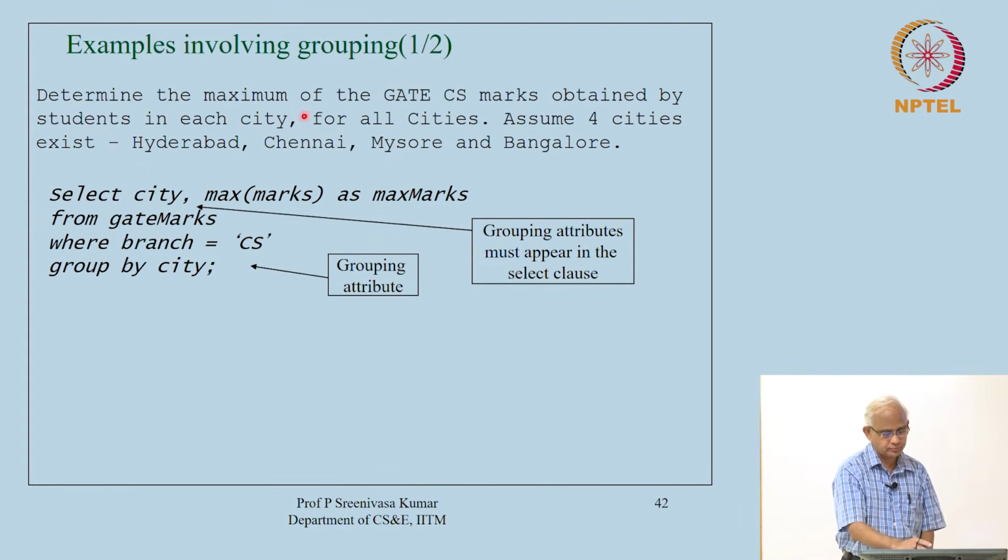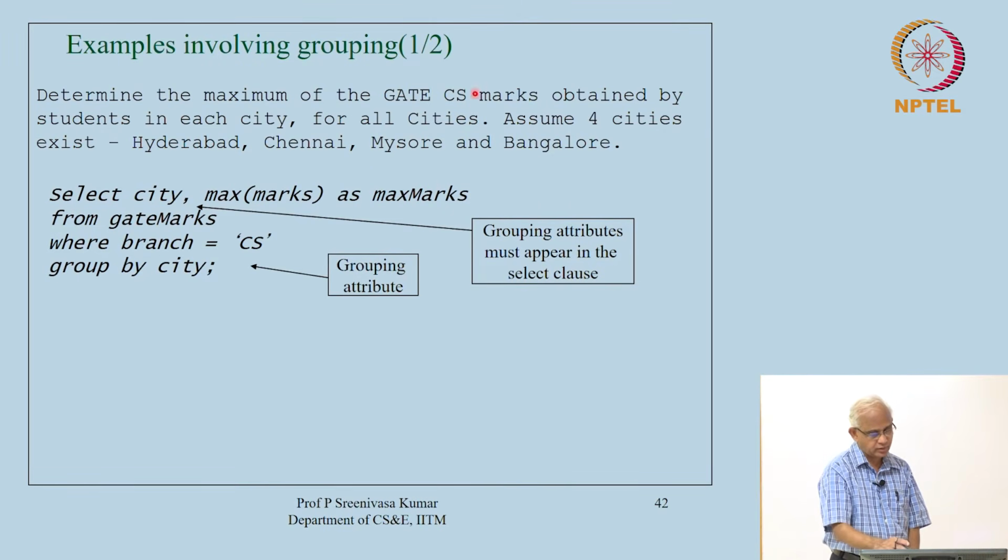Determine the maximum of the GATE computer science marks obtained by students in each city and for all cities. Assume that 4 cities exist. Since we do not know the data, I am giving you ahead of time that there are only 4 cities available: Hyderabad, Chennai, Mysore, Bangalore, let us say.